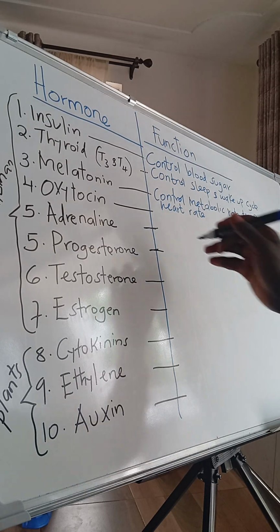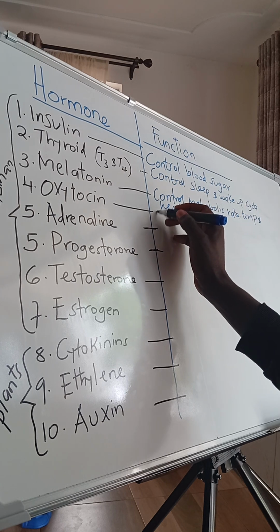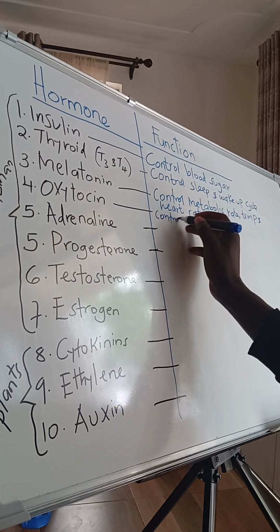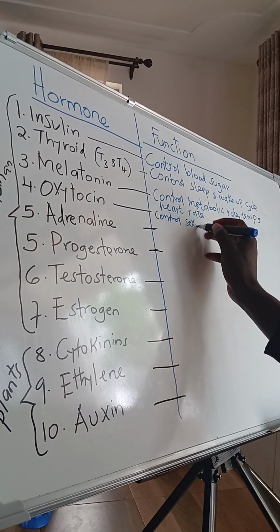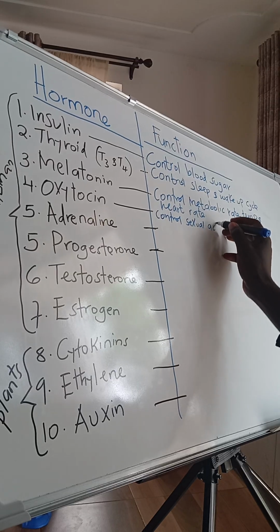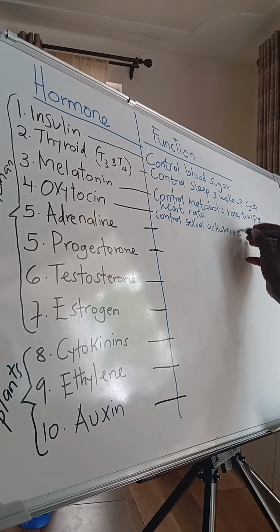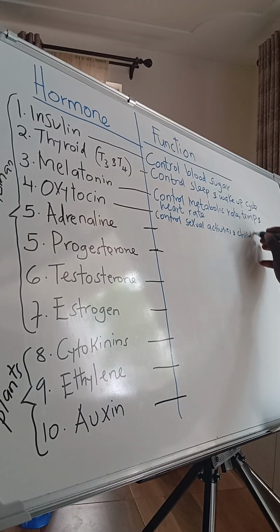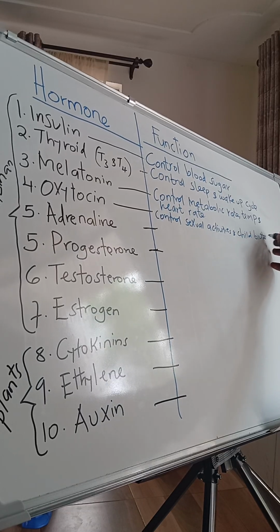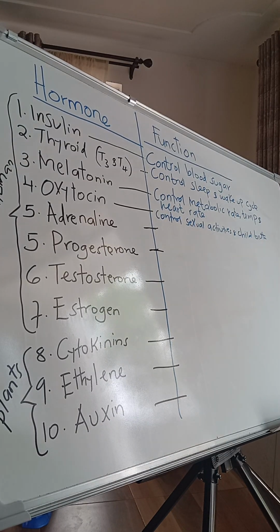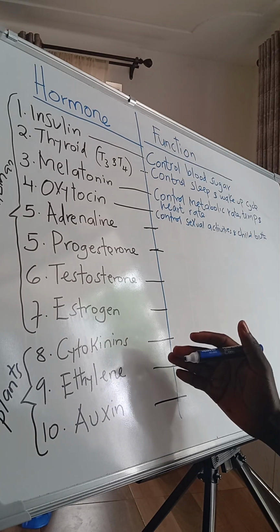The main function is to control sexual activities and childbirth. That is the main function of oxytocin hormone.